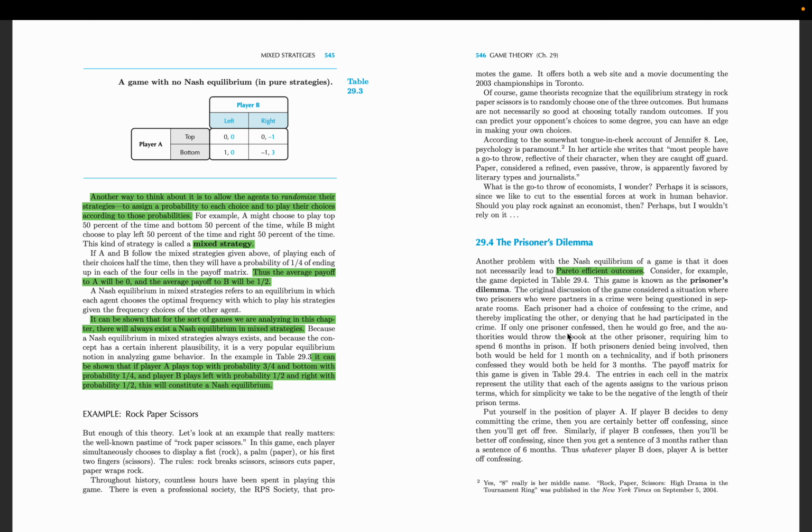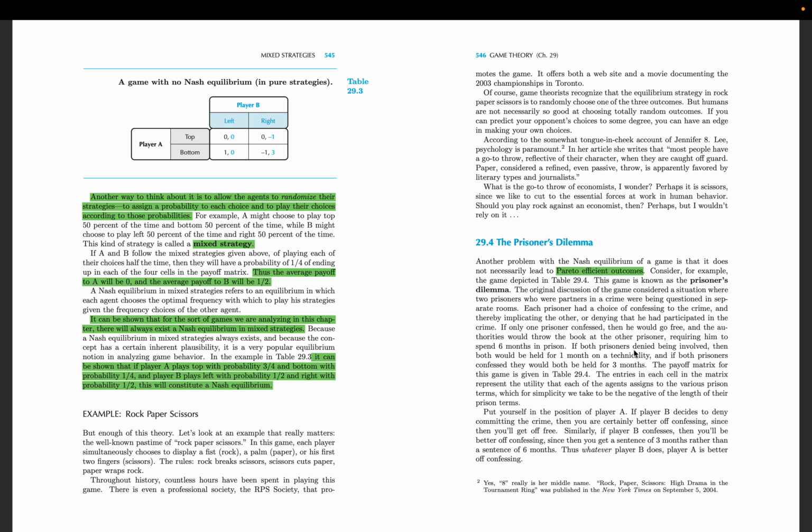If only one prisoner confessed, then he would go free, and the authorities would throw the book at the other prisoner, requiring him to spend 6 months in prison. We're going to look at this in a table format in just a minute, but try to take the intuition from here.